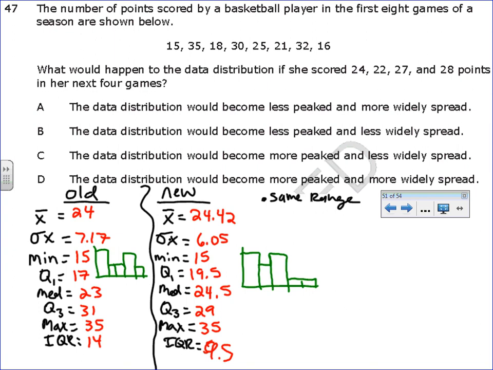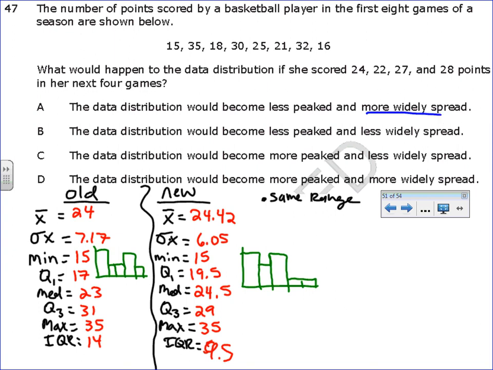It said, what would happen to the data distribution if she scored this? So it becomes less peaked, more widely spread, less peaked, less widely spread, more peaked, etc. First thing we'll look at is widely spread. That has to do with range, standard deviation, IQR. If you notice, your standard deviation went down, the IQR went down. That means the data points are getting closer together. So it's not going to be more widely spread.